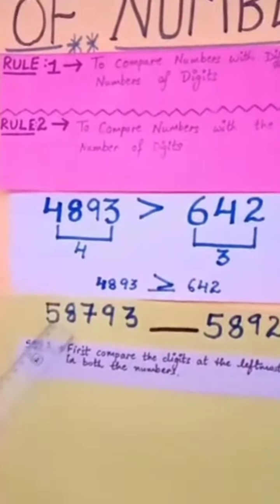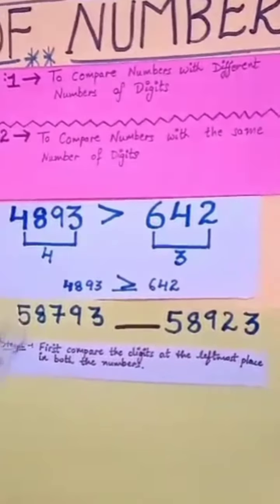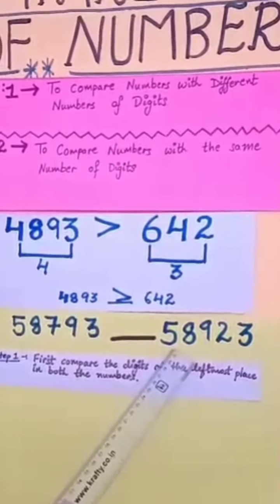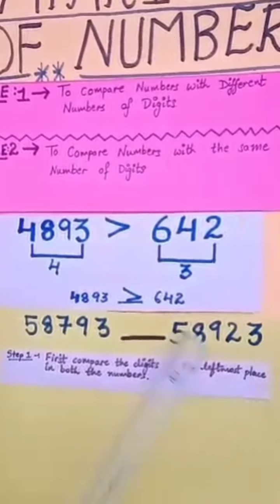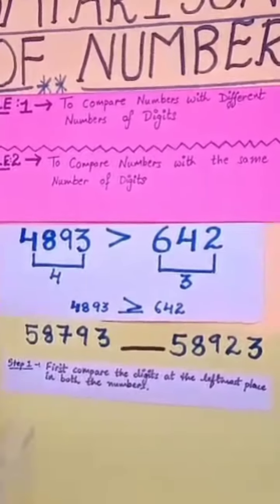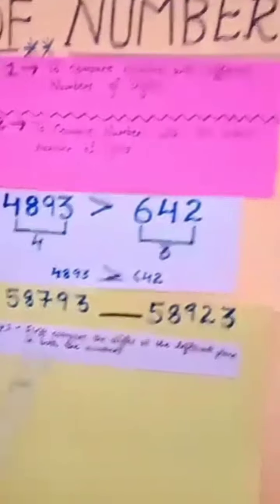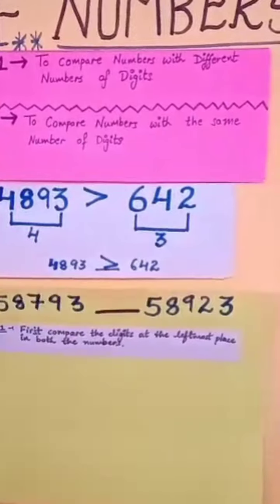So, we'll start from the left side. Here the first number is 5. As you can see, here also we have 5. So comparison cannot be done here. Now we'll move to step number 2. Because why are we not able to compare? Because the numbers are the same. Correct? So we'll move to step 2.